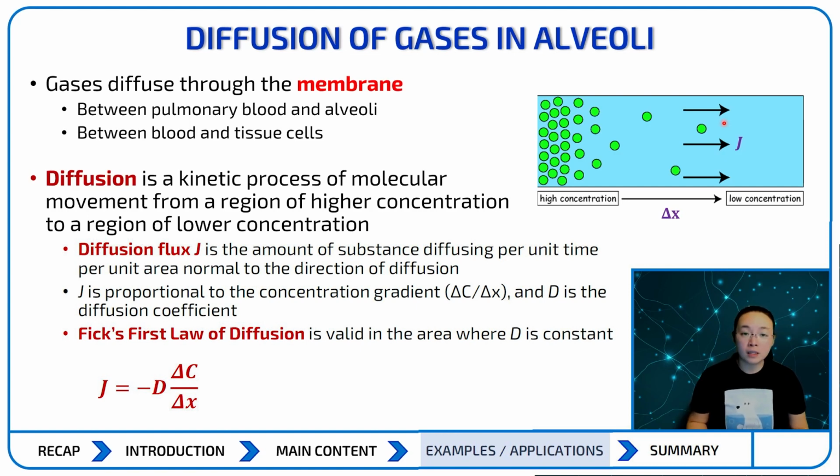So one thing we can assume is that your flux will be proportional to the concentration gradient, delta C over delta X, and you must have some sort of diffusion coefficient, D. So we can simply say the flux is equal to some sort of D times the concentration gradient. So we've modified Fick's law slightly so that we can say this is Fick's first law of diffusion, which is valid where the diffusion coefficient is constant. So we have J is equal to minus D delta C over delta X.